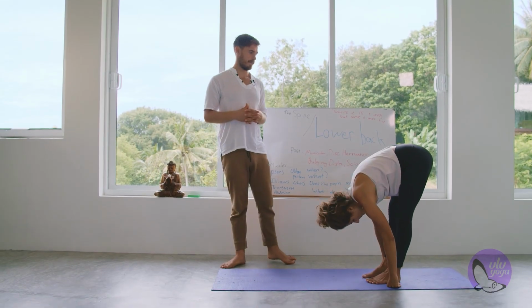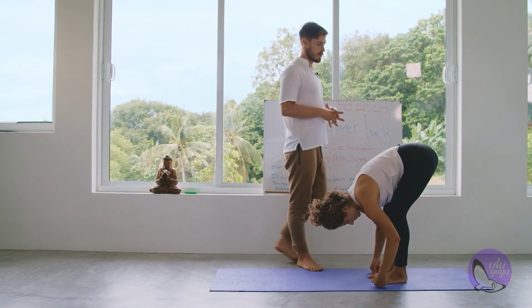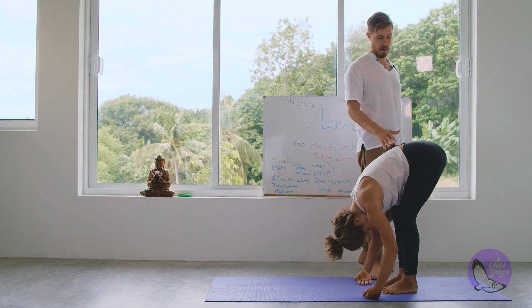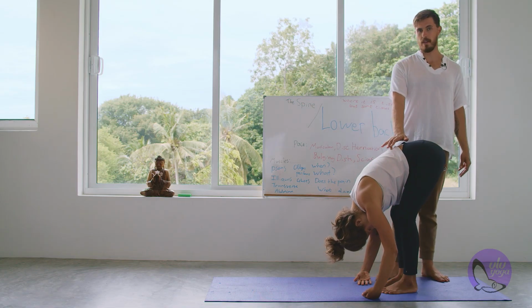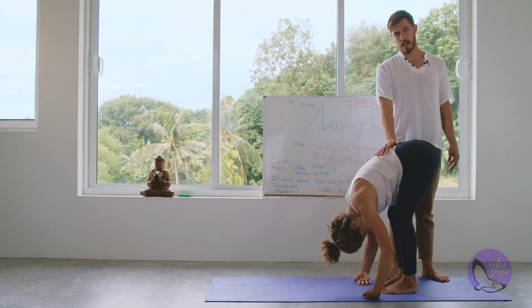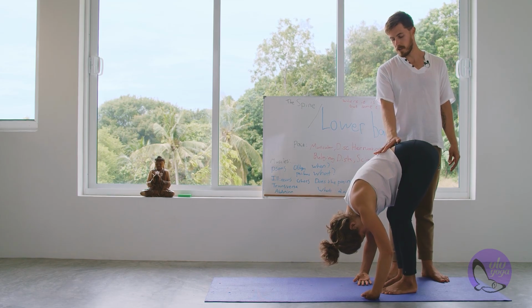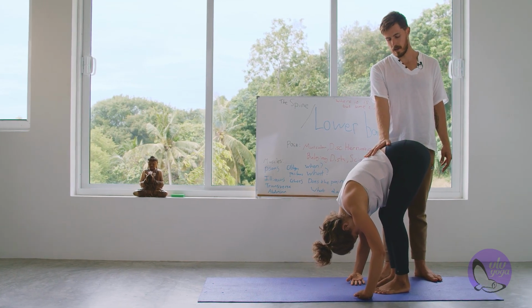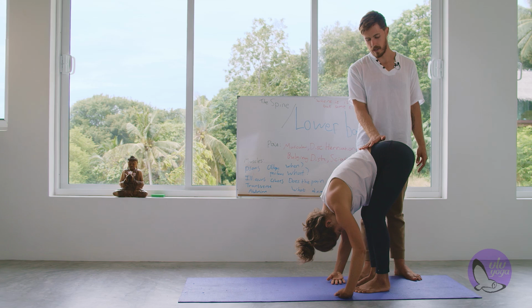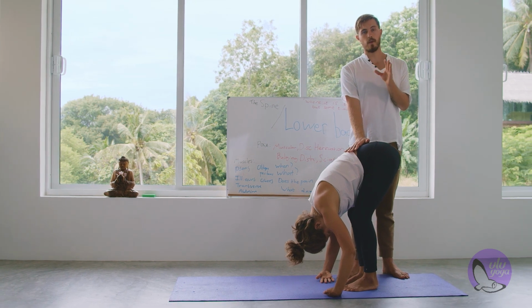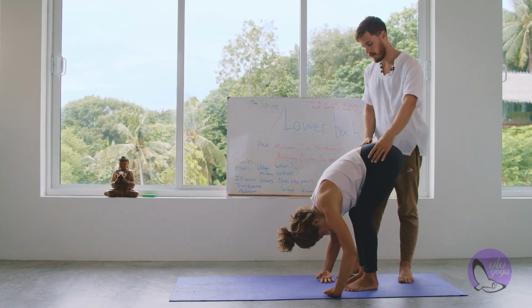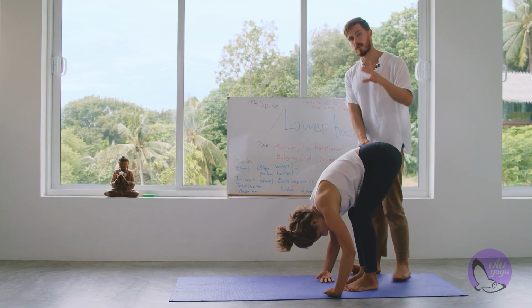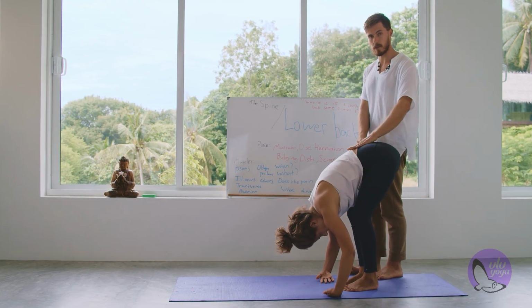Good. Beautiful. All right. So now let's look at this forward fold. So now all the back bending that we've done, we're now reversing this fold. In a standing pose specifically, there shouldn't be too much of a bend in the spine, to be honest. It should be more of a traction. So if you want to think of it, the forward fold is 2/3 hip, 1/3 spine.